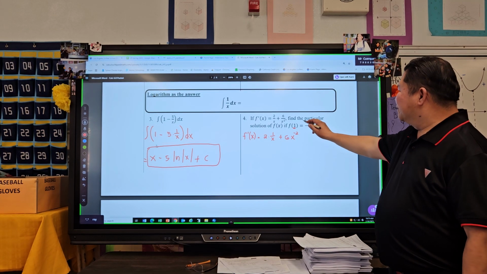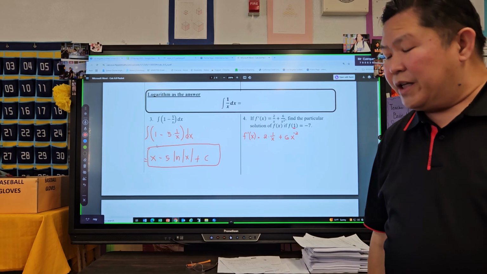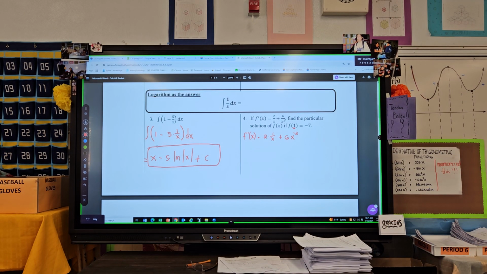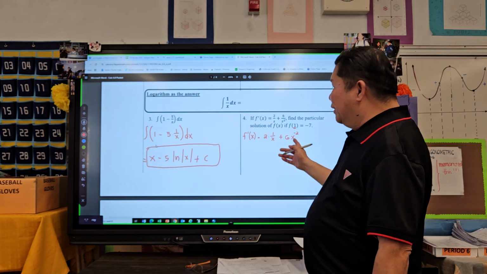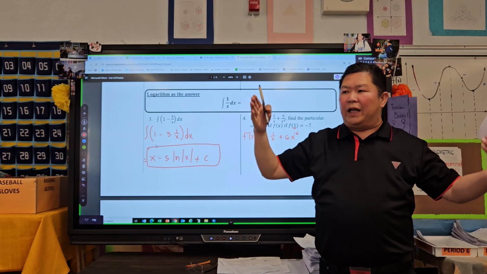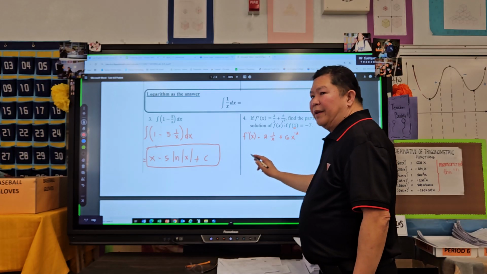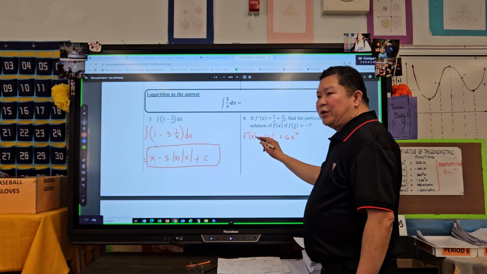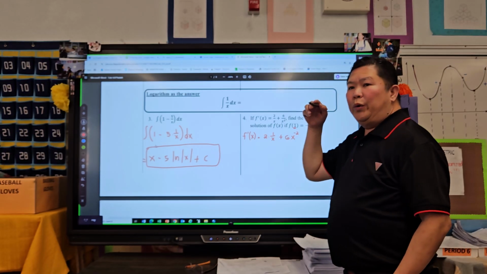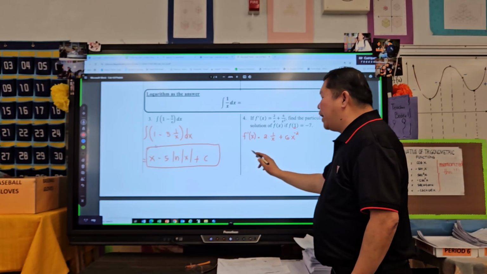So what is asked? To find a particular solution. That means we are solving for the value of c. Are we good? Rewriting helps you understand a lot what's going on. We rewrite it this way because this is natural logarithm of the absolute value of x. So from f prime of x, we take the antiderivative. That means we go back to the original, so this is now f of x.